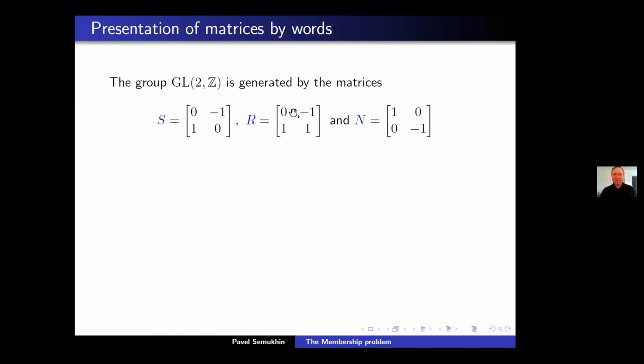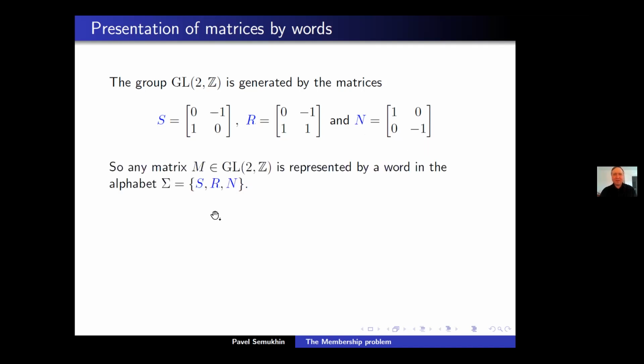R is the matrix (0, -1; 1, 1), and N is the diagonal matrix (1, -1). And so any matrix M from GL2(Z) can be written as a product of these matrices. In other words, it can be represented by a word over this alphabet sigma, which consists of the letters S, R, and N.